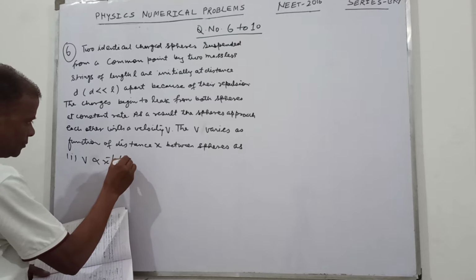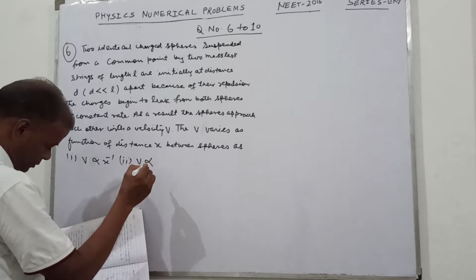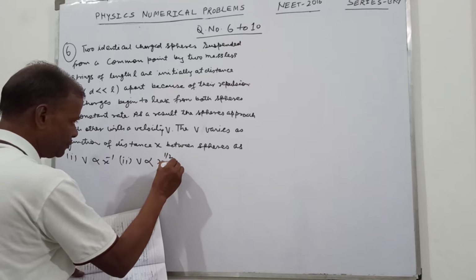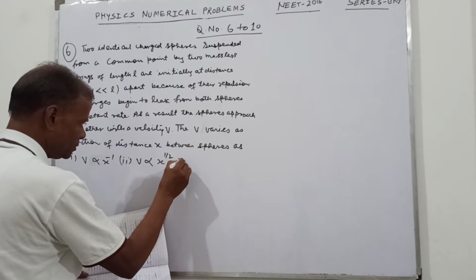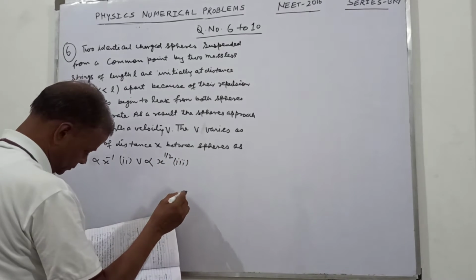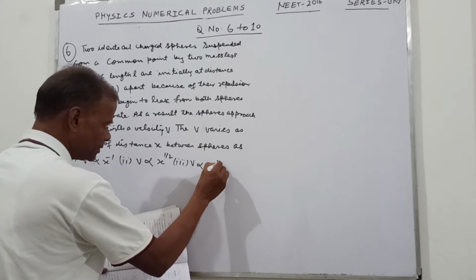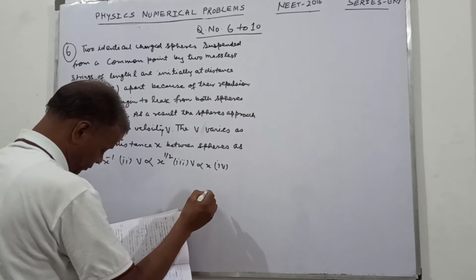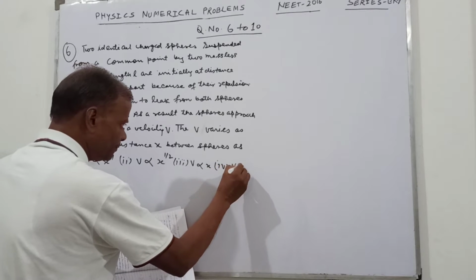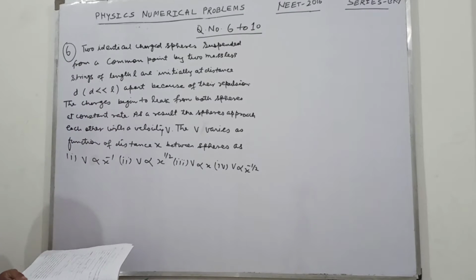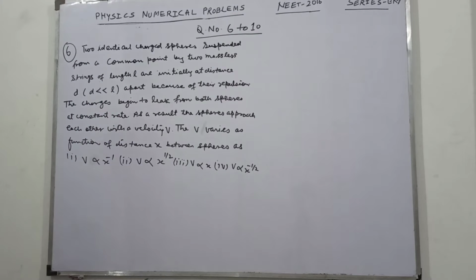Second, v proportional to x raised to power 1 by 2. Third, v proportional to x. And fourth, v proportional to x raised to power 1. This is what is given here.